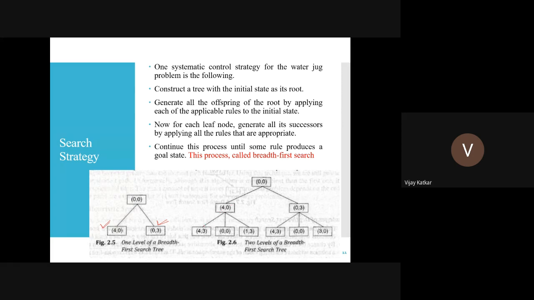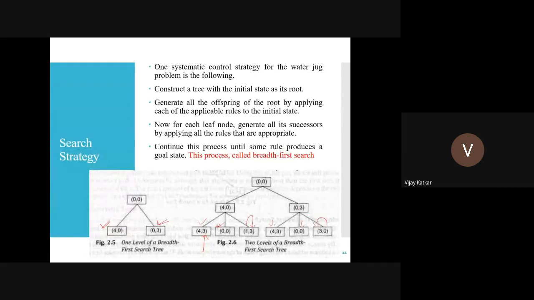Either I can fill gallon Y, or I can empty gallon X, or I can shift the water from X to Y. Similarly, if it is 0, 3, I can fill gallon X, or I can transfer the water from gallon Y to gallon X, or I can empty gallon Y. So you can see this is something good, no?